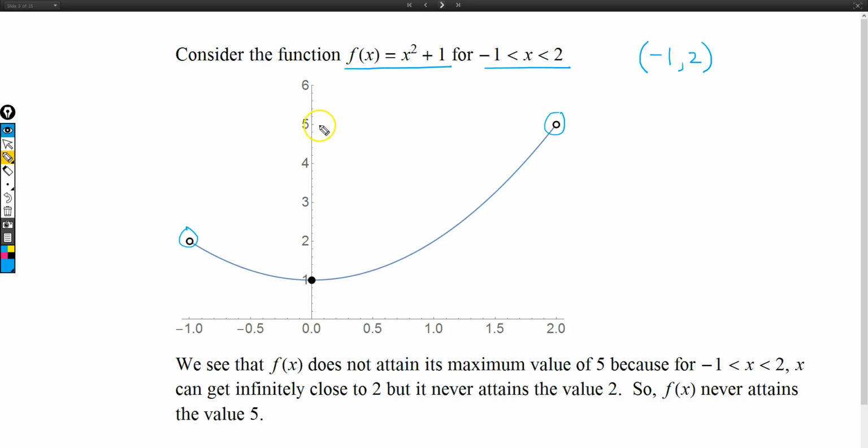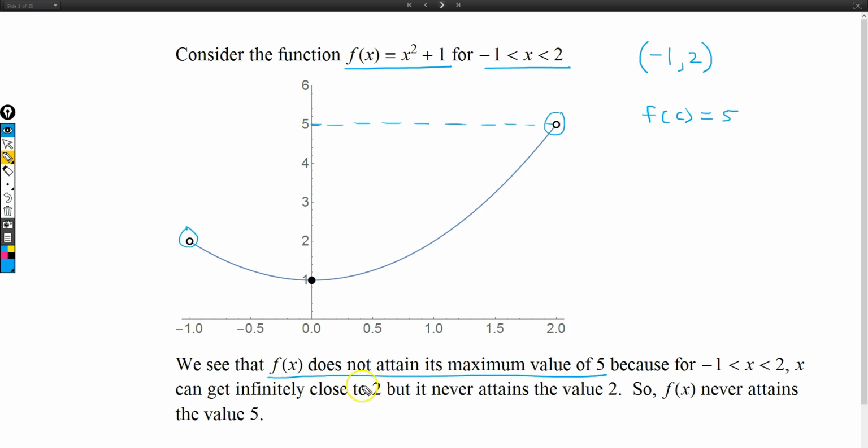Now you notice for this function, the maximum value is still 5, right? The maximum value still has to be 5. However, f of x never actually attains its maximum value of 5. In other words, there is no value c in here where f of c ever equals 5. C would have to be 2, but 2 is not in this set.